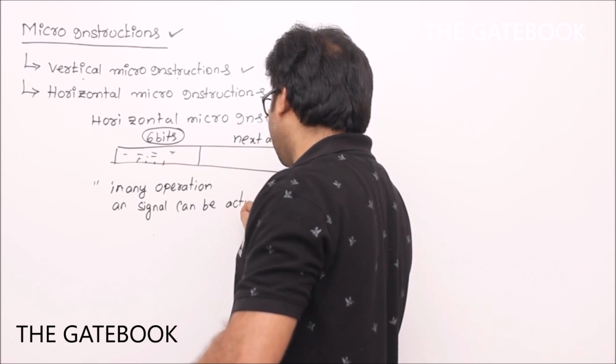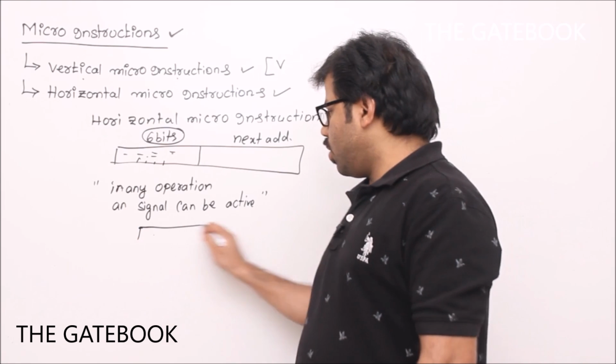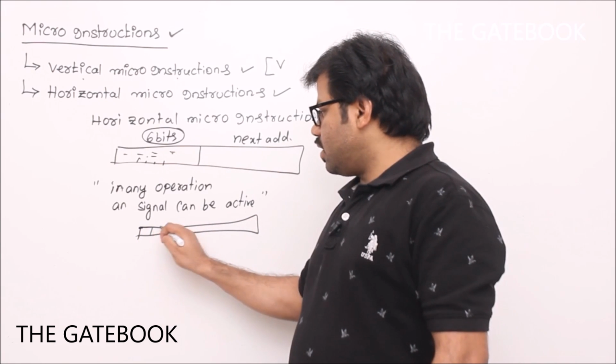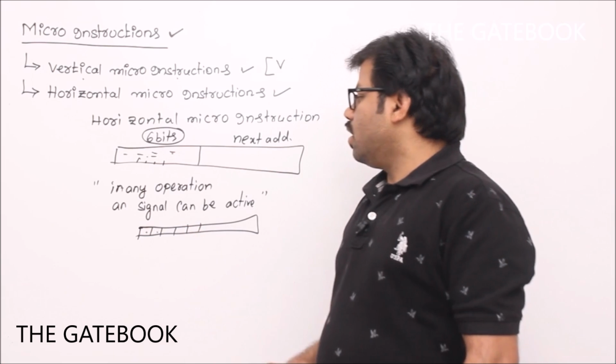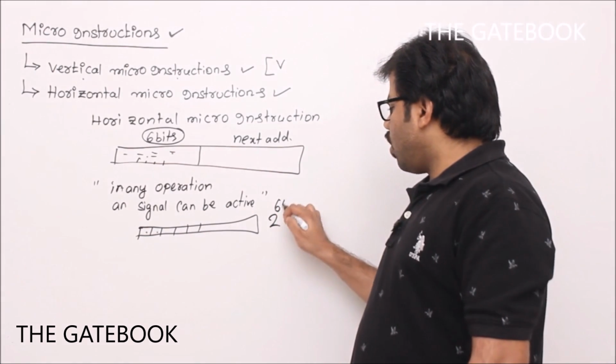If that is the case, how many patterns are possible? It's like a mathematical problem. You have 64 signals, 64 bits. At any time, any bit can be active, then 2 to the power of 64 combinations are possible.